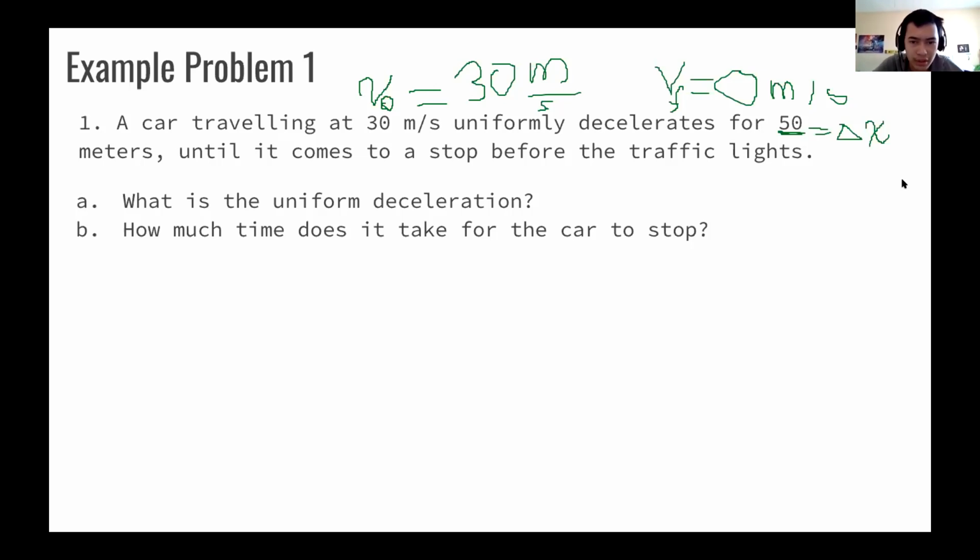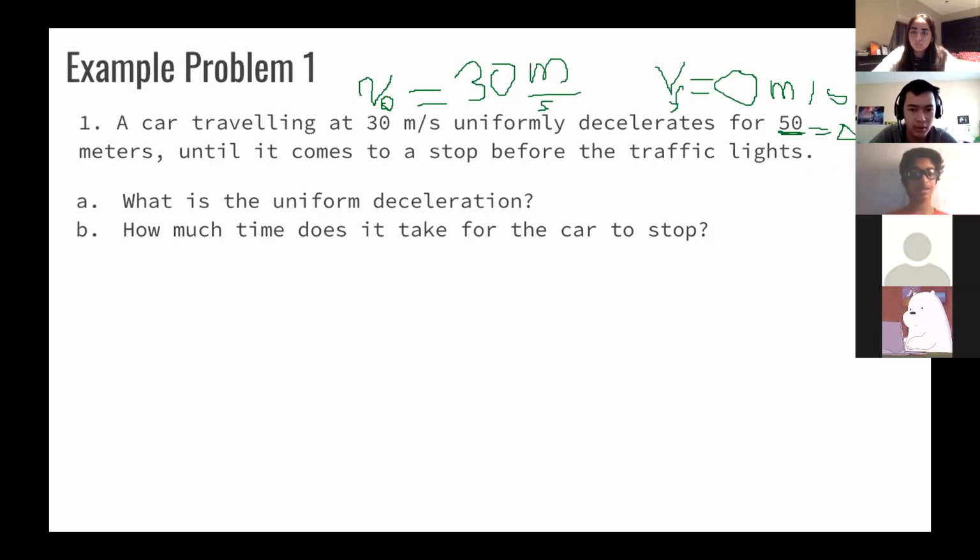I've been told that we can use the text feature. We see that the proper formula to use is v final squared equals v initial squared plus 2ax. Then we can isolate a. Mark, are you writing somewhere? Because I don't think we can see it. Oh, you can't see it?